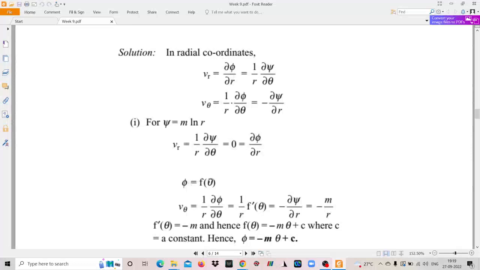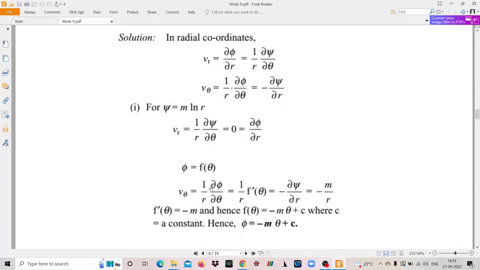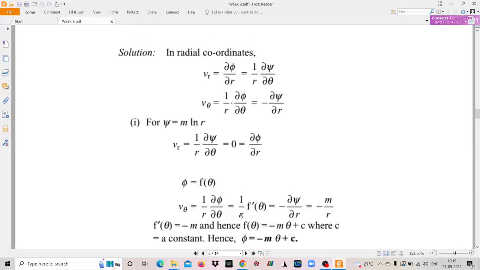So phi, if you integrate this, is basically a function of theta. And v theta is 1 by r del phi by del theta. So del phi by del theta is f dash theta, which is equal to minus of del psi by del r.